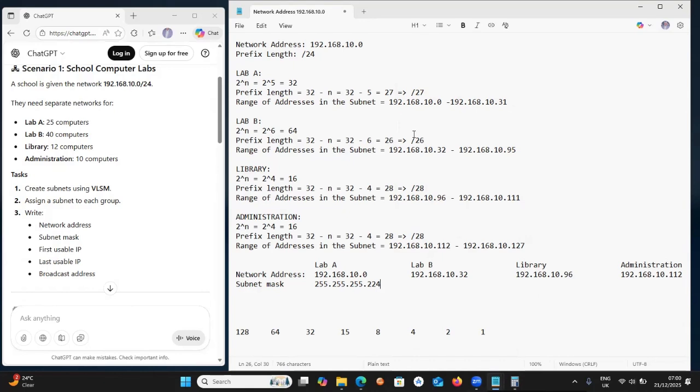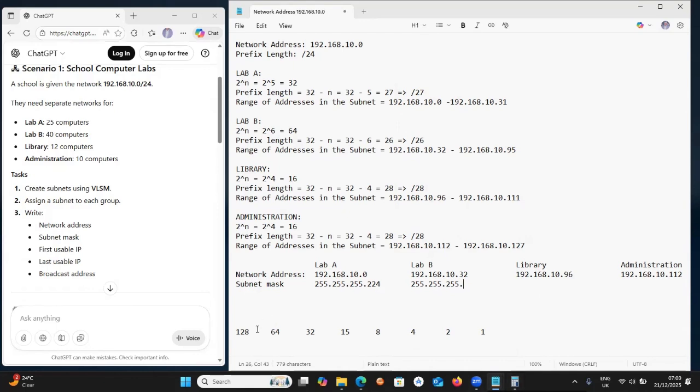For lab B, the subnet mask, the prefix length is 26. It's going to be 255.255.255. This is 24 already, remaining 2.